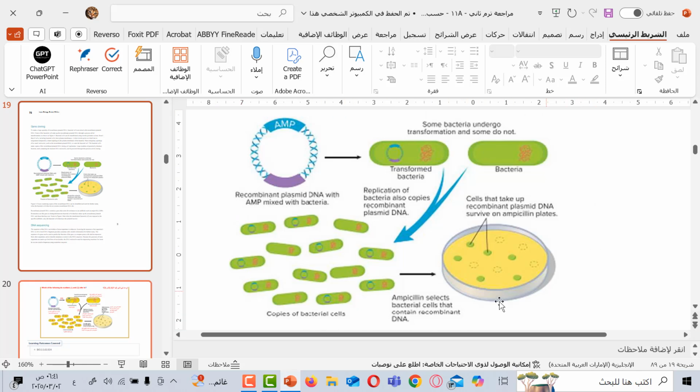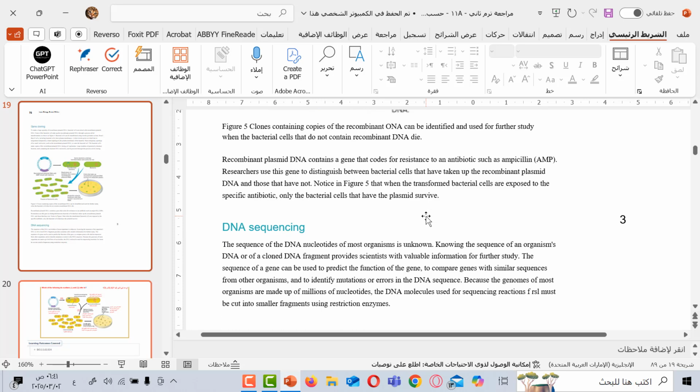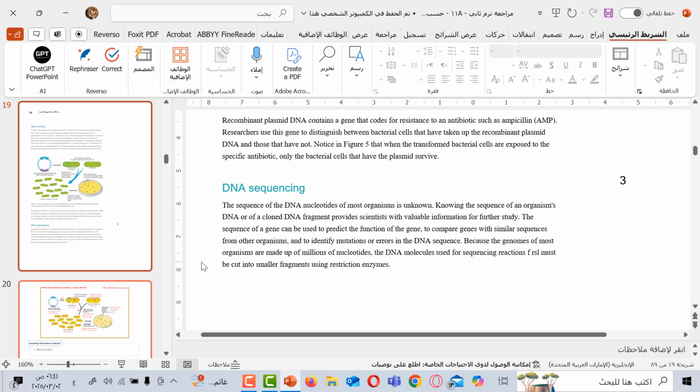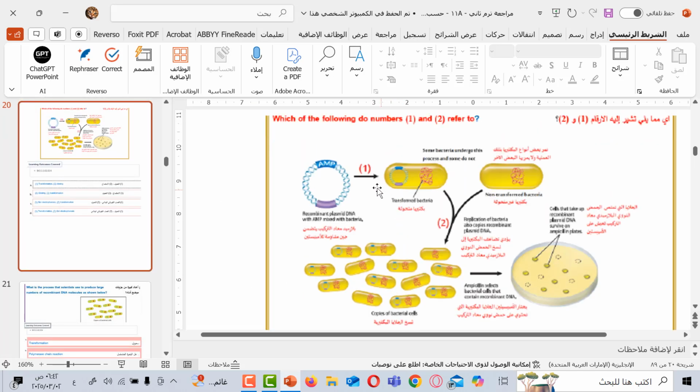They may ask you about anything in this one. Don't forget this page has two questions, one in the figure and one in the curriculum. Okay, let us see an example of the last question. Here 1, here 2.